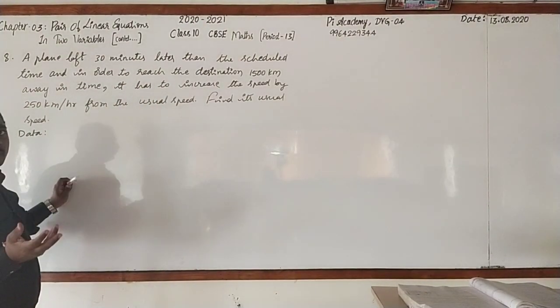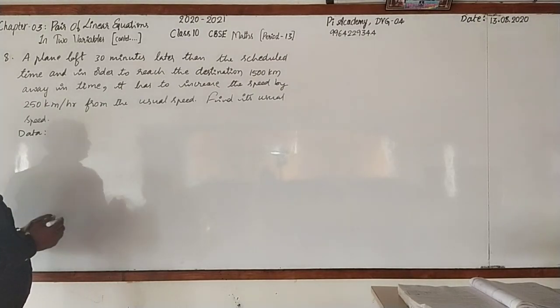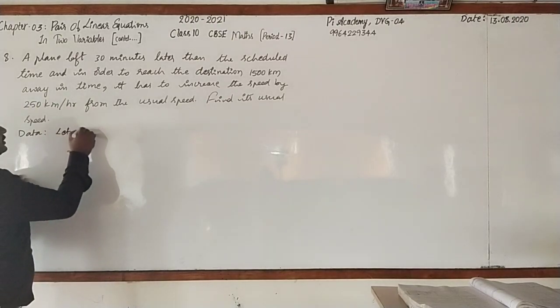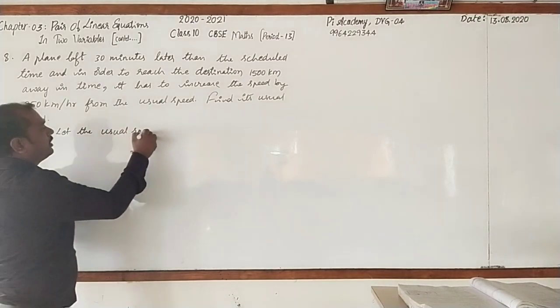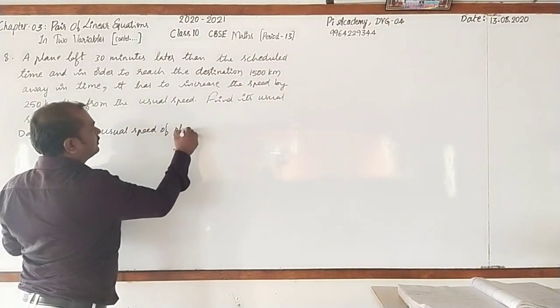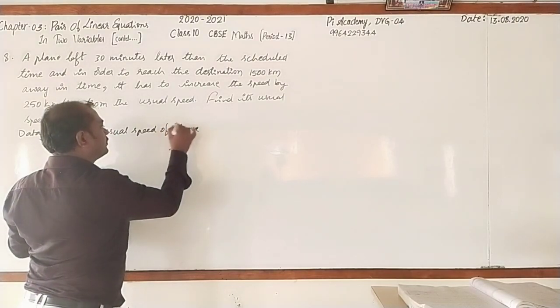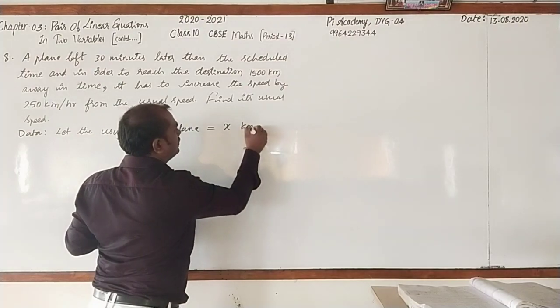So we do not know what that increased speed is, right? And even the usual speed. Let us go for assuming both of them. Let the usual speed of the plane, please write with me, be x kilometer per hour.